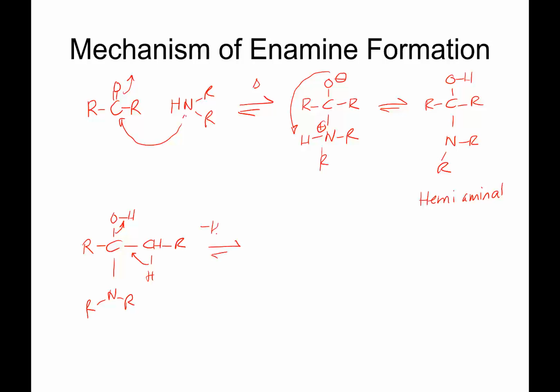I'm still going to eliminate water, but now I'm going to end up forming a carbon-carbon double bond. So the final product's going to look like that. And I'll rewrite it over here. No nitrogen.